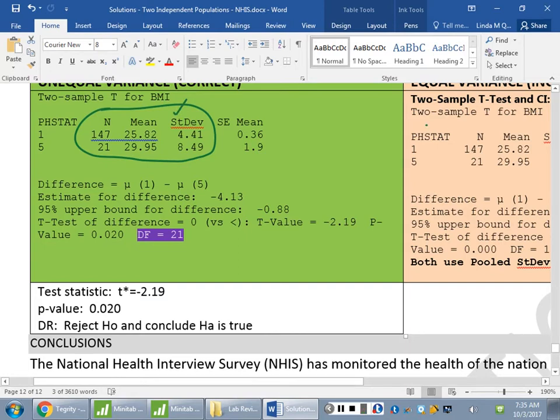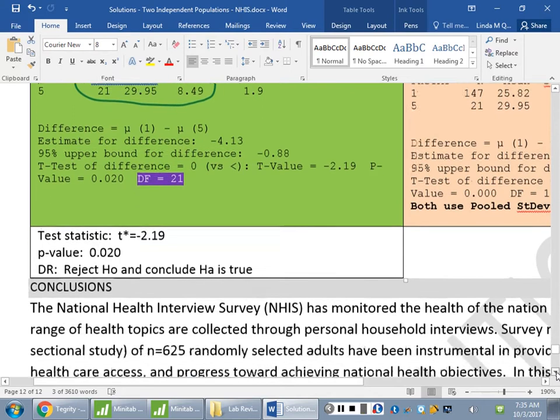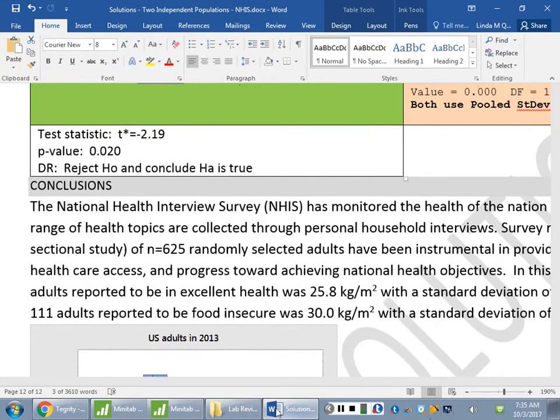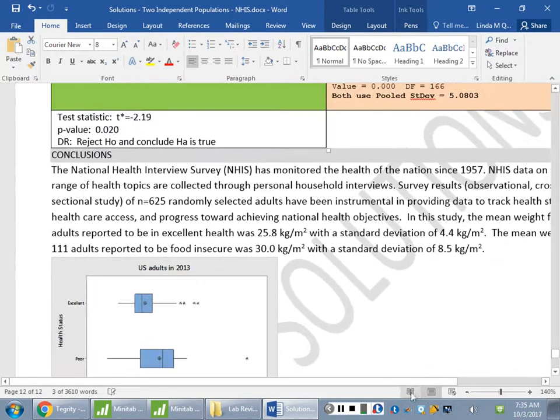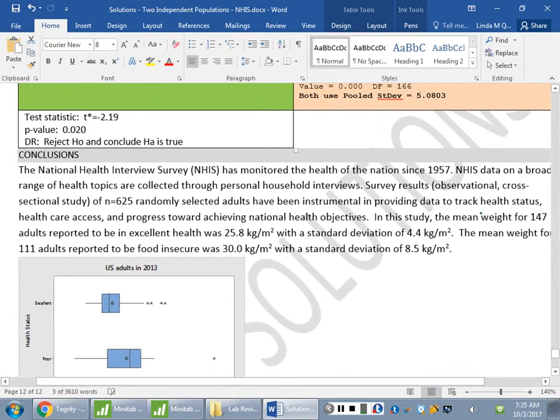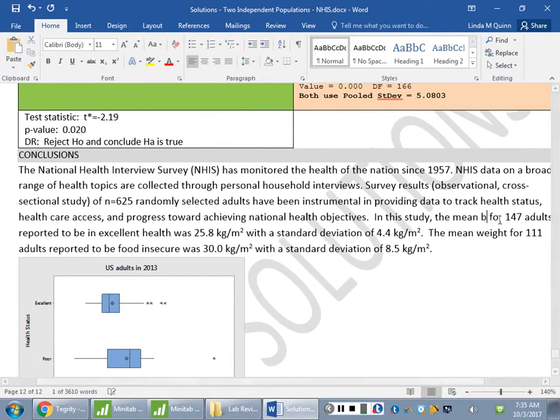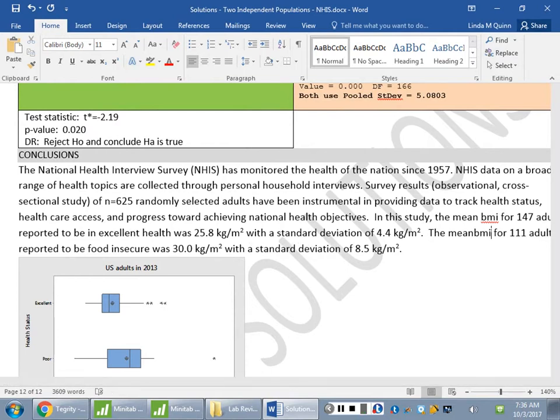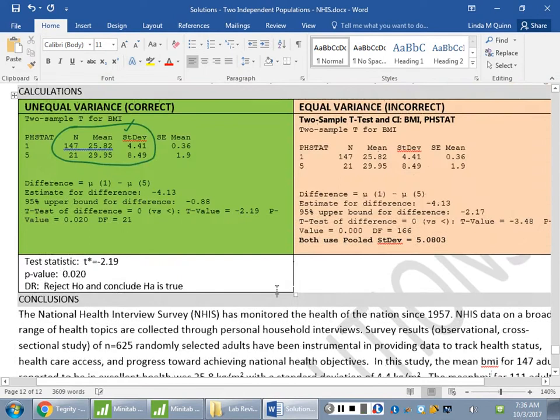And so if you see my conclusion section here, that I'm talking about the mean, should say BMI, for 147 reported to be in excellent health is 25.8, standard deviation of 4.4, the mean BMI for 111 is 30 with a standard deviation of 8.41.